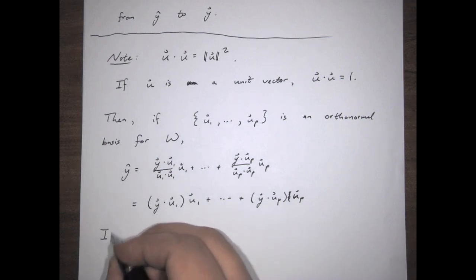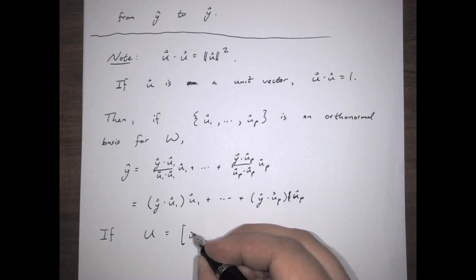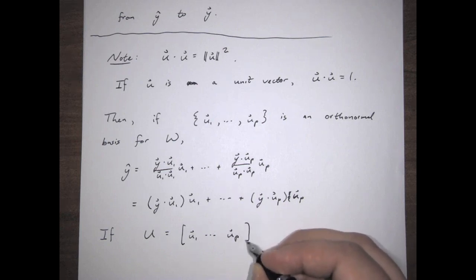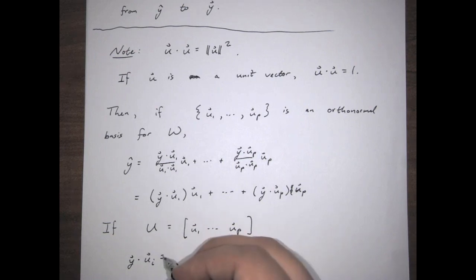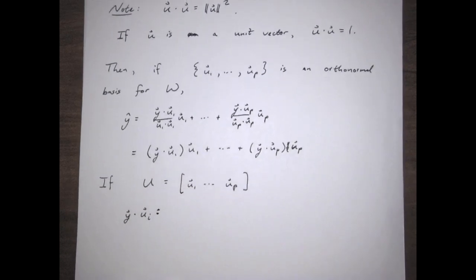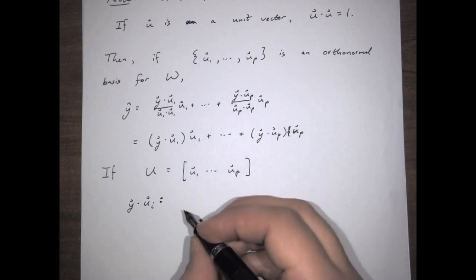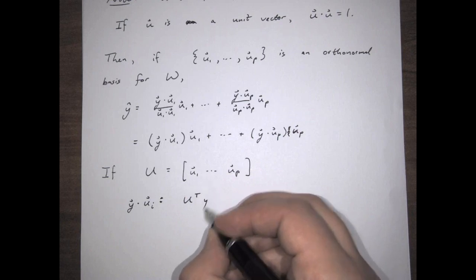So if U is going to be the matrix that you make out of the U1 up through UP, then y dot Ui is the same as the ith entry of U transpose times Y.